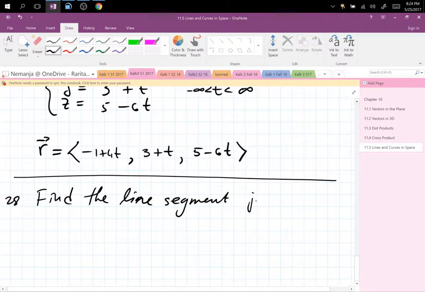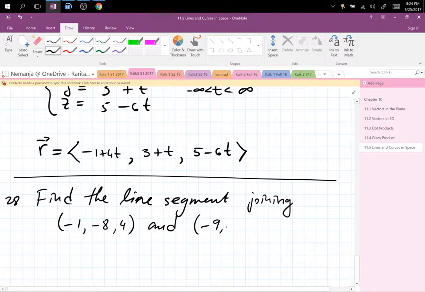Line segment joining (-1, -8, 4) and (-9, 5, -3).